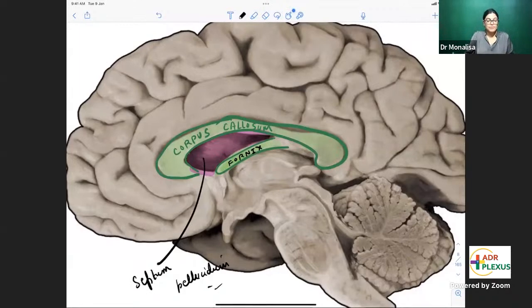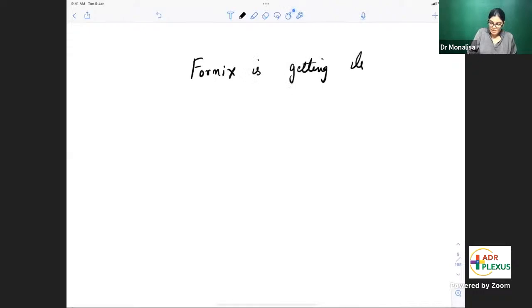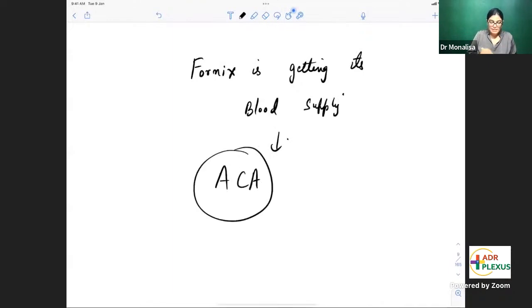its blood supply from the short medial central branches, that is the branches of anterior cerebral artery. So please write down the blood supply of fornix. Fornix gets its blood supply from the source of anterior cerebral artery, ACA. What is ACA?